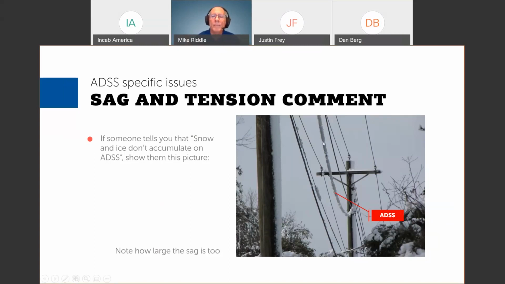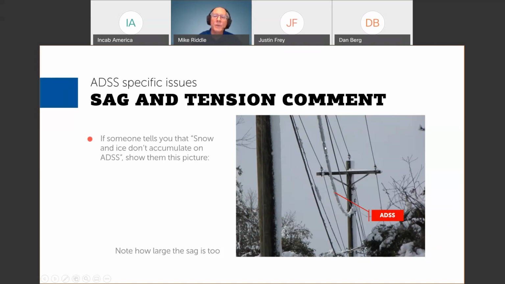And by the way, some utilities have had problems when there's been a significant elevation difference from one pole to another, of ice breaking off in chunks. Like you see this one here, there's sort of a gap here and a gap here. And the ice has, in some cases, broken down span.